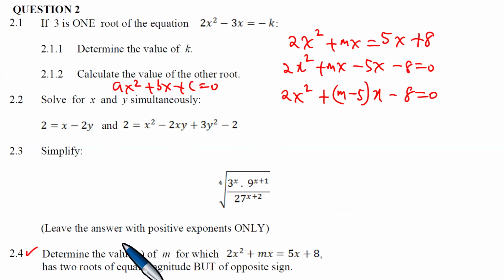Then we must factorize. What are the factors then?